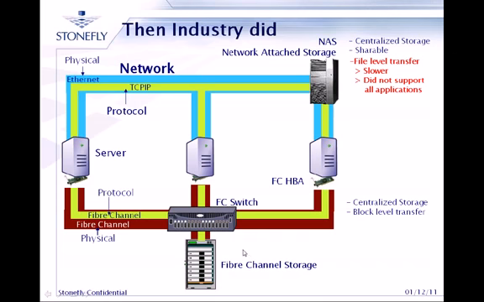Initially, the SAN was fiber channel SAN, which still is actually. There are still a lot of implementations of fiber channel SAN, and it's going to continue. It did have the centralized storage, so it did solve that problem. It also had the block level transfer, which gave everybody the performance that was required. The only issue with fiber channel SAN, which still is, is its high cost.